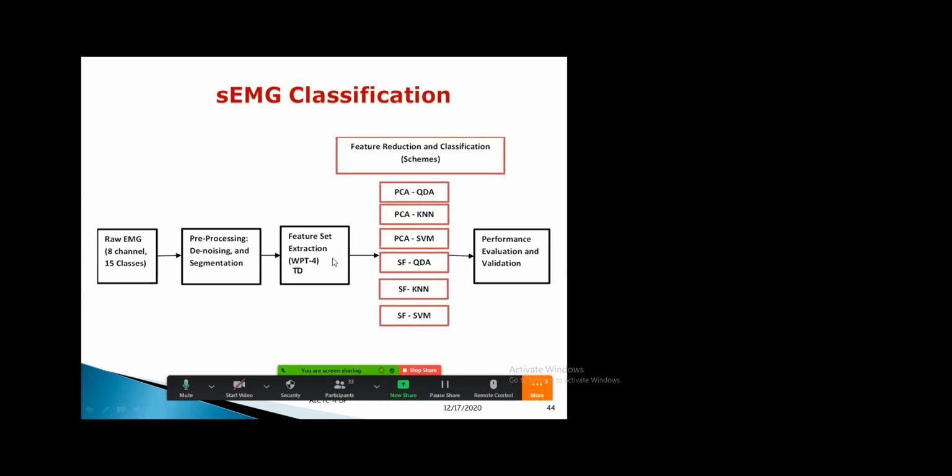And as I told you, we used feature set extraction, which is WPT4, and pre-processing. All this work needs to be done before we feed our signals to the final classifier, which was a combination of sparse filtering plus the existing method.